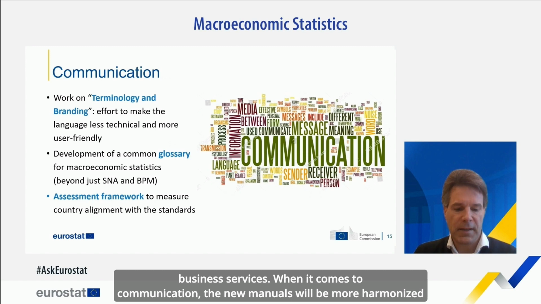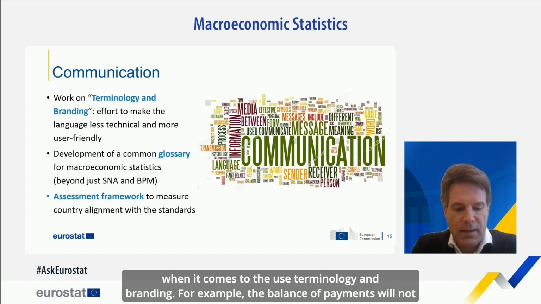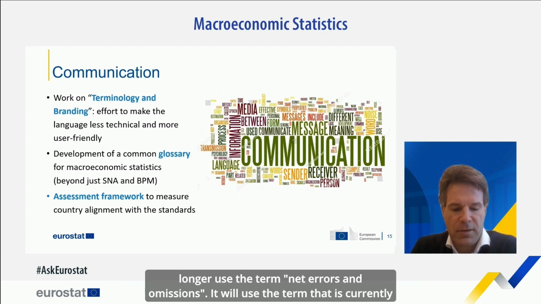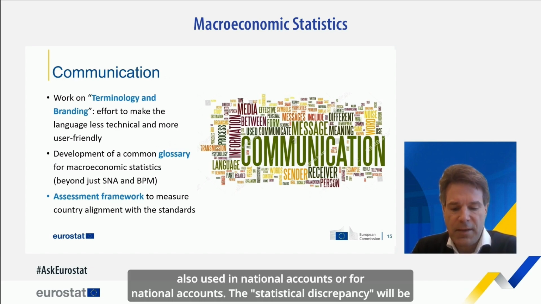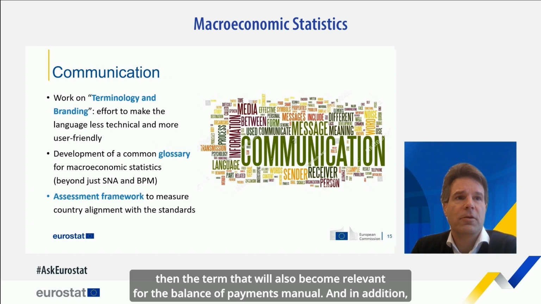When it comes to communication, the new manuals will be more harmonized when it comes to the use of terminology and branding. For example, the balance of payments will no longer use the term net errors and omissions. It will use the term that is currently also used in national accounts: the statistical discrepancy will then be the term that also becomes relevant for the balance of payments manual.